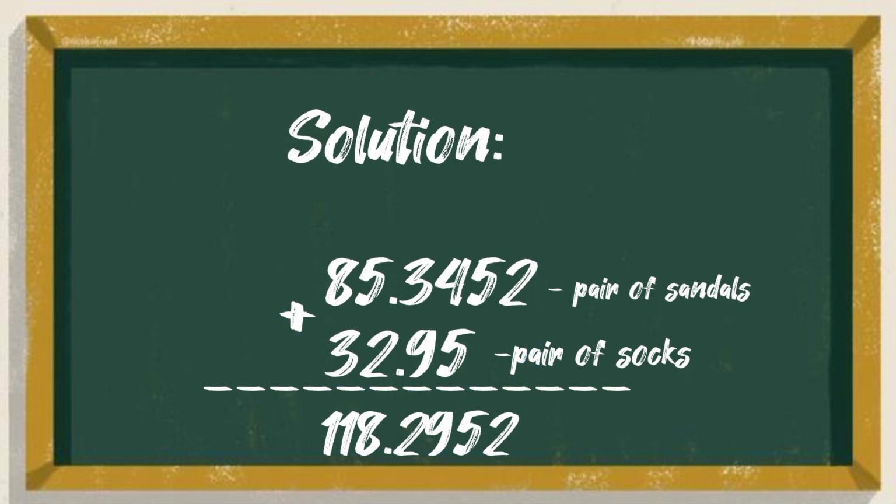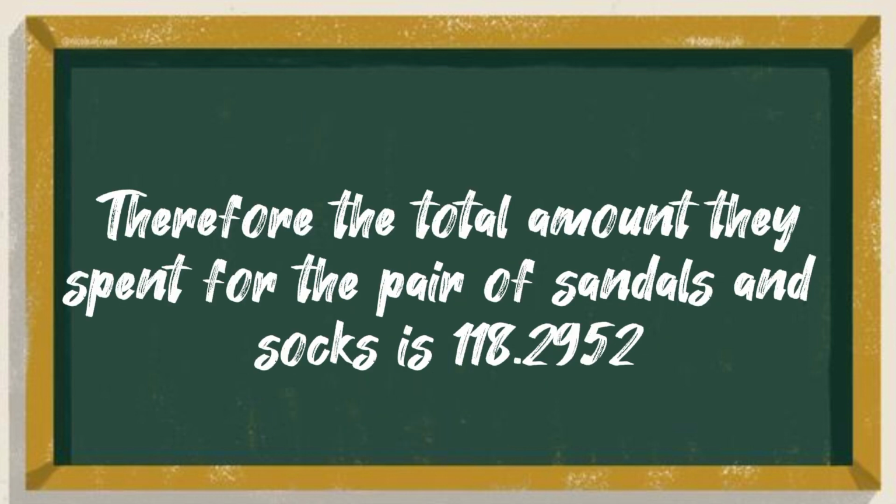If we add the two given numbers, 85 and 3,452 10,000ths and 32 and 95 hundredths, the total is 118 and 2,952 10,000ths. Therefore, the total amount spent for a pair of sandals and socks is 118 and 2,952 10,000ths.